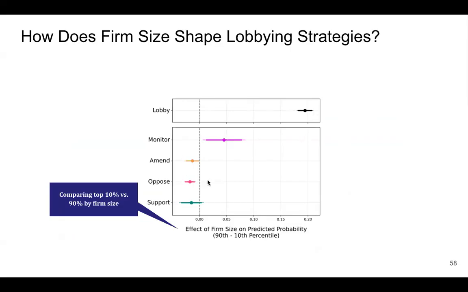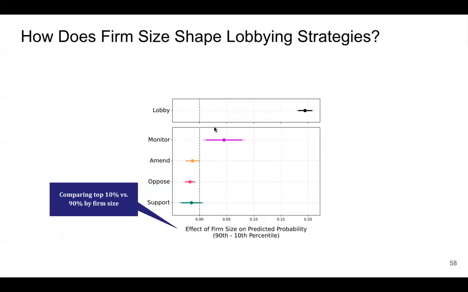The x-axis here shows the difference between the 90th percentile firm and the 10th percentile firm in terms of size, like their revenue. And you do see that the difference is very large in terms of the overall amount of lobbying. So the larger firms do lobby a lot more.